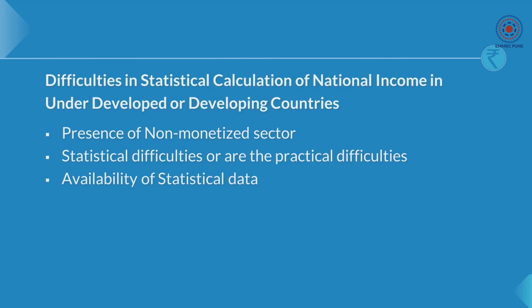The third difficulty is related to availability of statistical data. This is so because national income considers only accurate statistical data and information available in the economy.